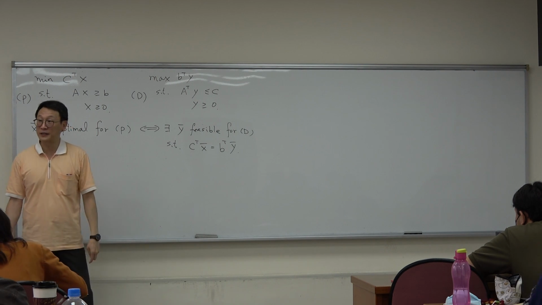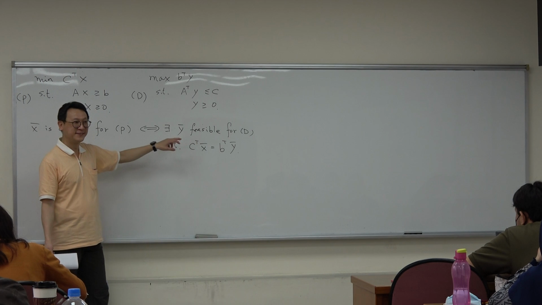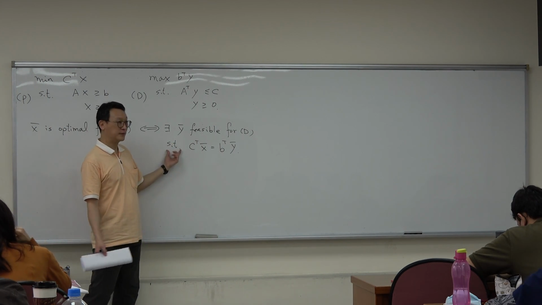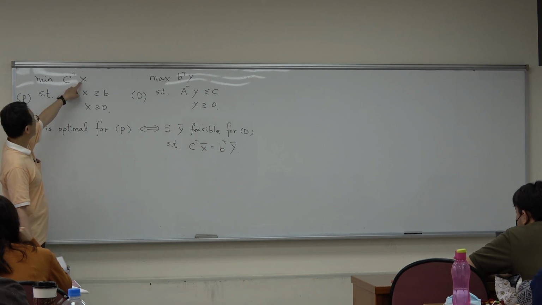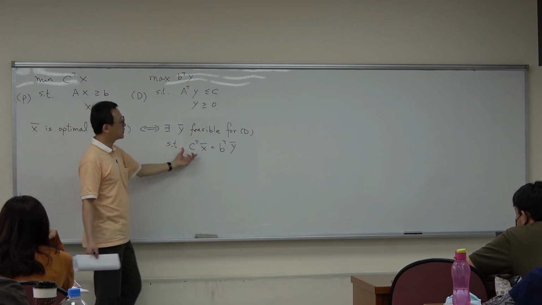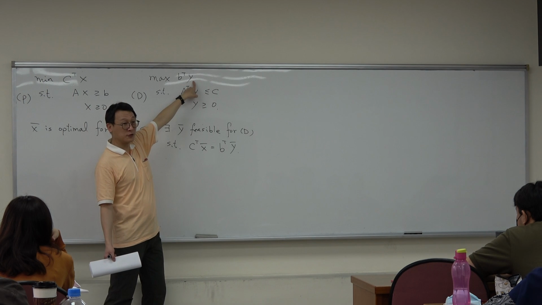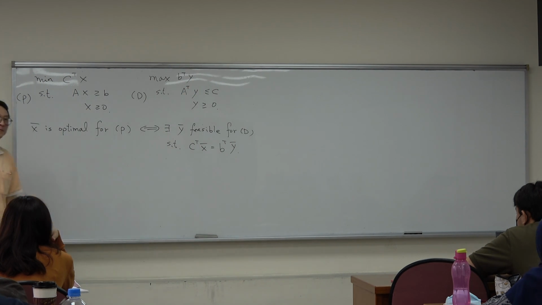I didn't say y bar is optimal. I only say I can find it's feasible, such that c x bar, when x bar is put into the objective value, is equal to the value when I put y bar into the objective function. We will find these two values are the same.